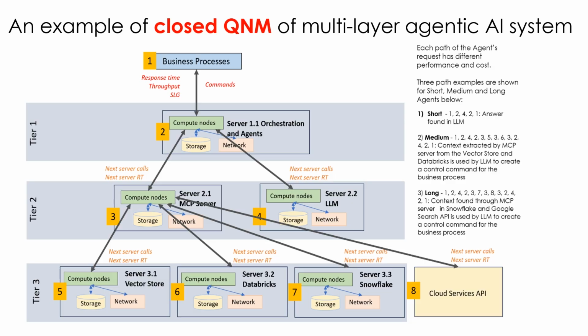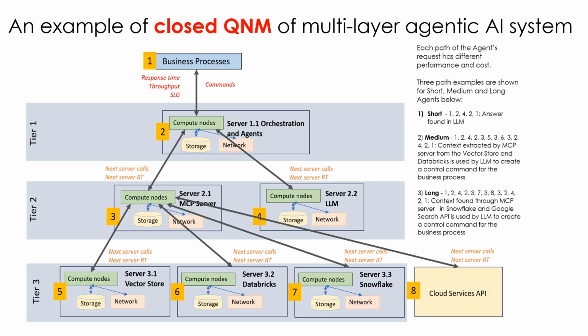Each agent request is processed by different layers and different components of this multi-layer architecture, and they have different response times. The response time of each agent is different, but overall, all these agents meet the 15-second service level goal.